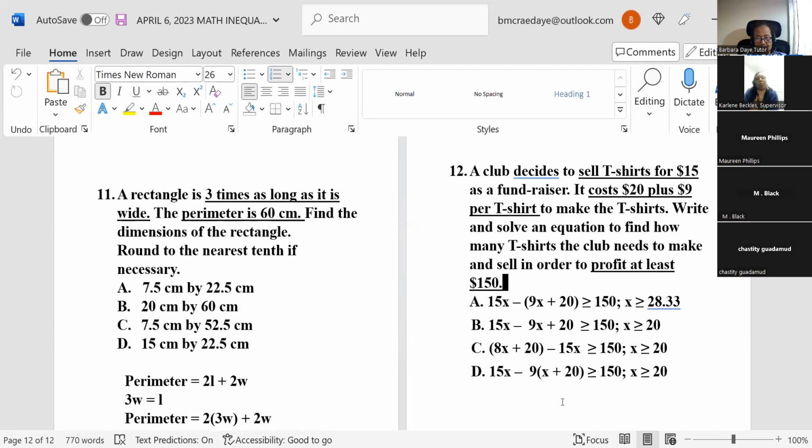Profit is the amount you're selling them for minus what it costs to make them.